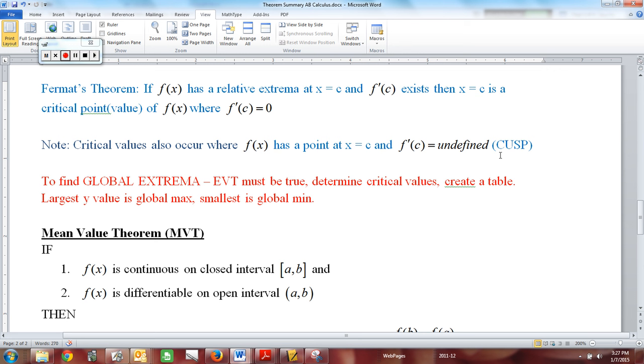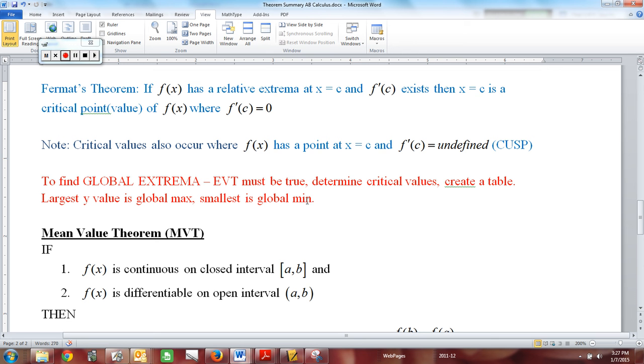Notice we're not talking about discontinuous functions at all in EVT. Those by themselves will have lots of other things that we have to do in order to get extrema, both global and local. To find your global extrema, you must first determine that EVT applies, that it's a continuous function on a closed interval, so that you're guaranteed to have them.